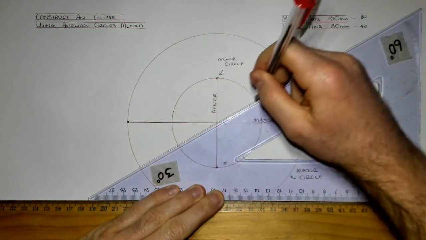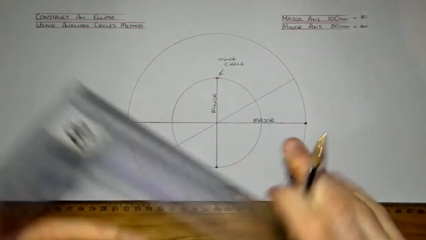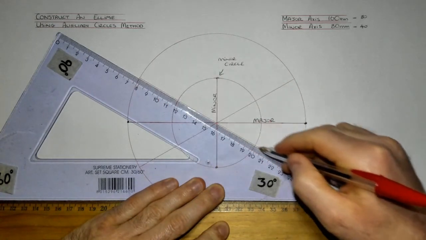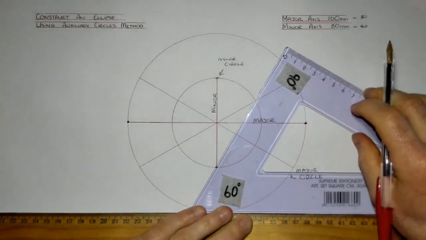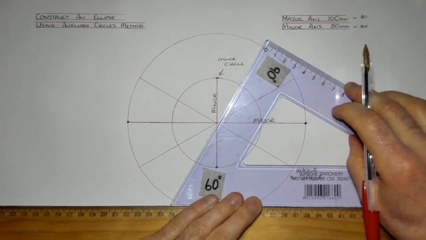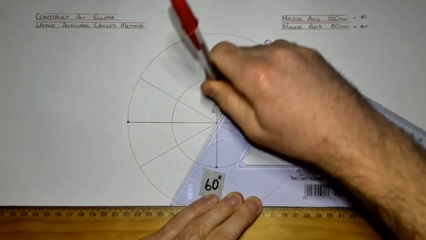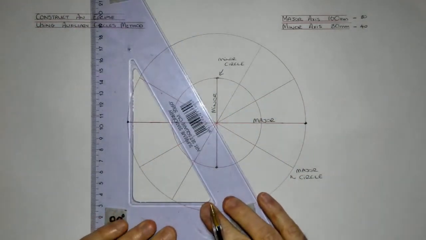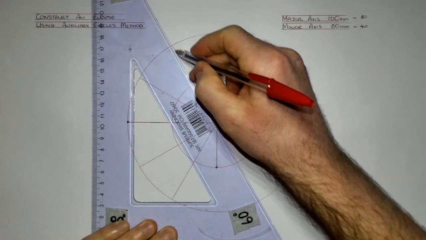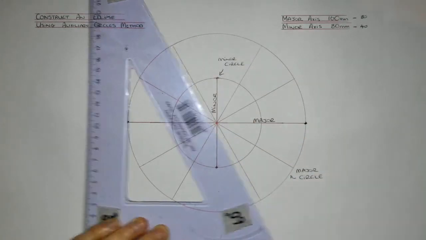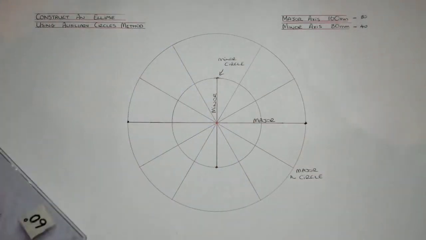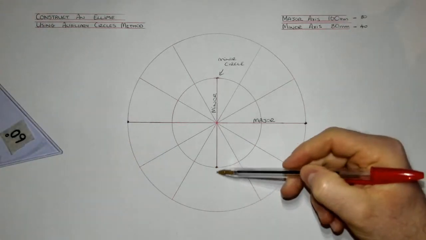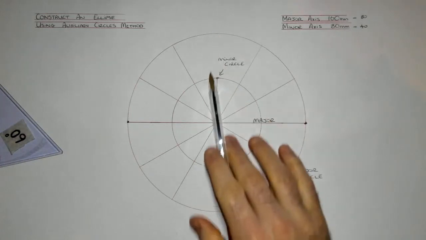So 30 degrees through the center this direction, 30 degrees the opposite direction, then 60 degrees through the center, and finally 60 degrees in this direction. What you'll notice is we have our circle split up into 12 portions. I'm not going to extend this line up and below because I don't need points up here.